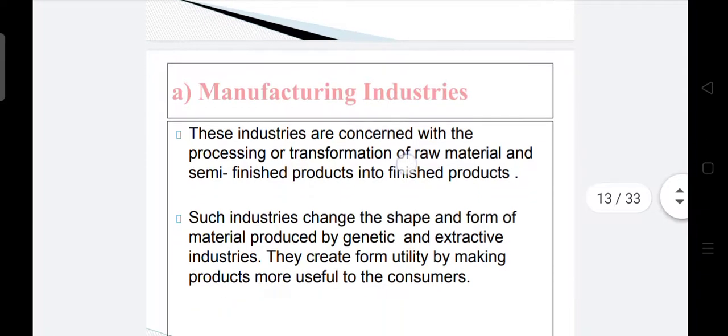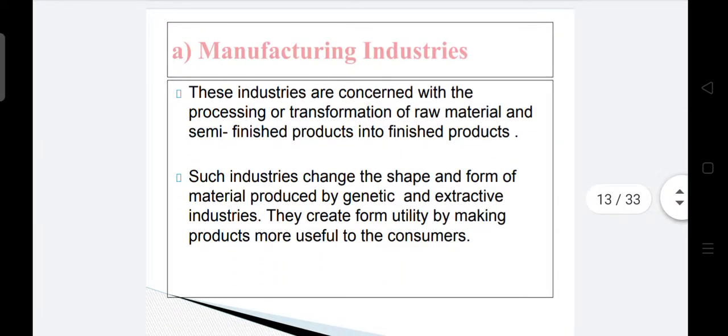Now let's look at it. Manufacturing industry: these industries are concerned with the processing or transformation of raw material and semi-finished products into finished products. Semi-finished products are goods which are partially finished. So the partially finished products are made into finished products.